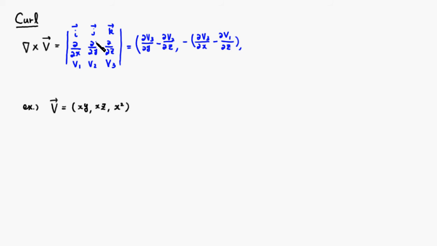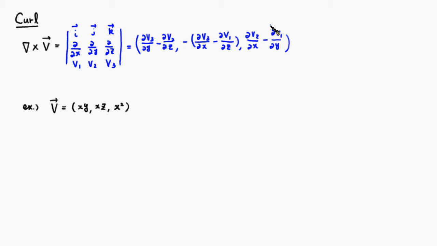And the last one is partial of v2 with respect to x minus partial of v1 with respect to y. So that's how you compute the curl of a vector function.